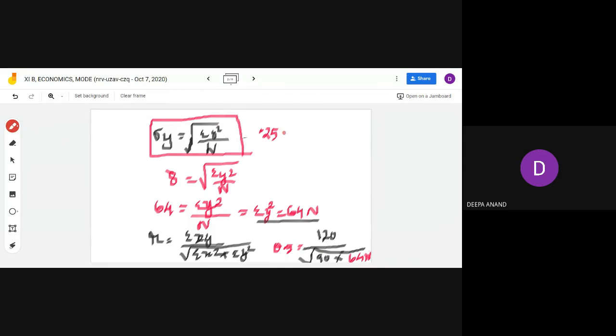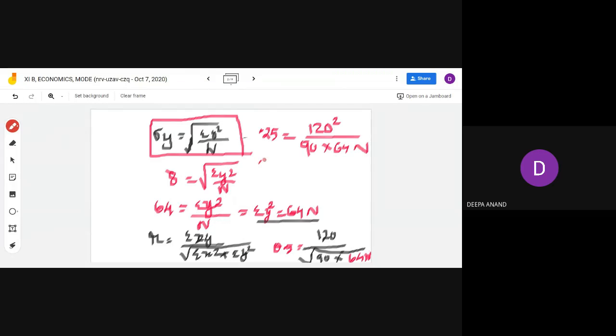Square it. 0.25 is equal to 120 square upon, ये रूट निकल जाएगा, 90 into 64n. So now it is in the simple format.